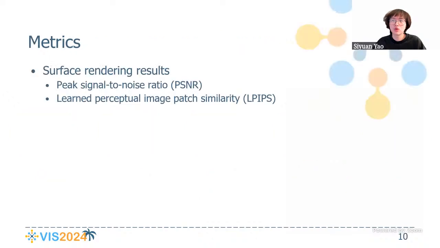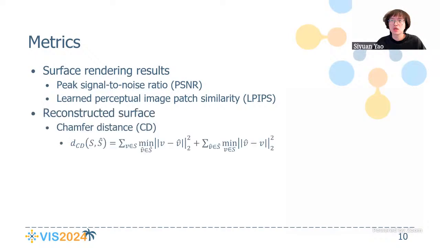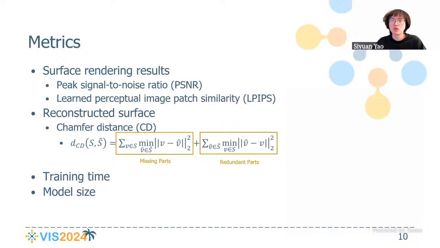For the quantitative analysis, we use several metrics. For the surface rendering, we measure PSNR and LPIPS. And for the reconstructed surface, we use Chamfer distance. We measure 2 types of errors, which are missing parts and redundant parts. We also provide training time and model size for each method.